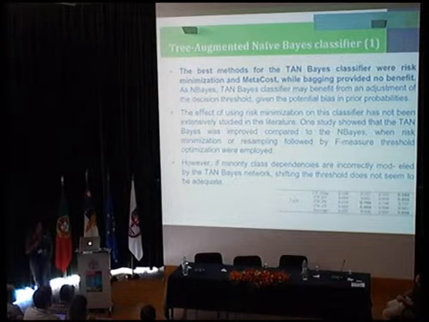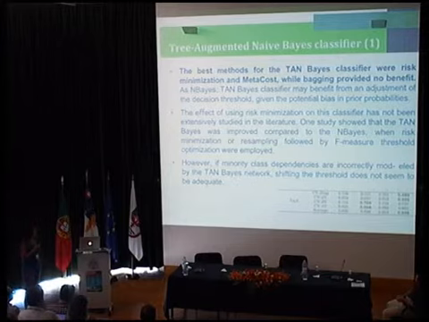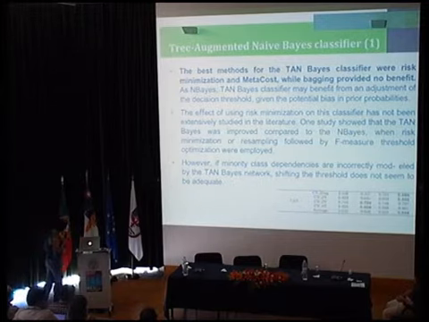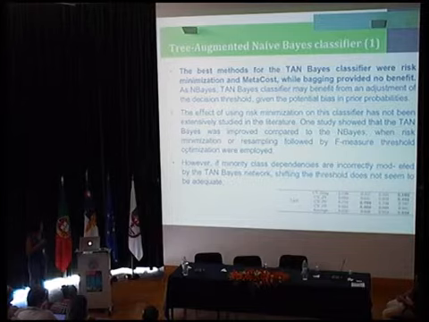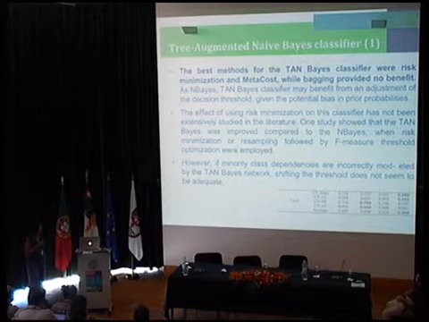So in the case of the TAN Bayes classifier, the best methods were again risk minimization and meta-cost, while bagging provided no benefit. In this case, what we observed is that if the minority class dependencies are incorrectly modeled by the TAN Bayesian network, shifting the thresholds does not seem to be adequate.